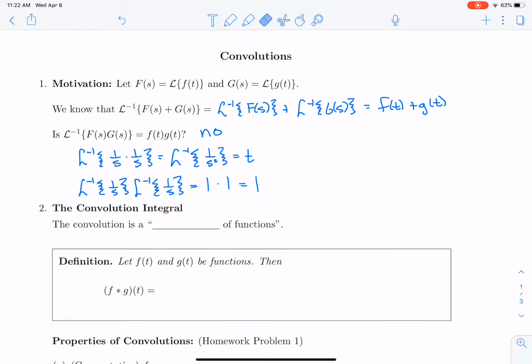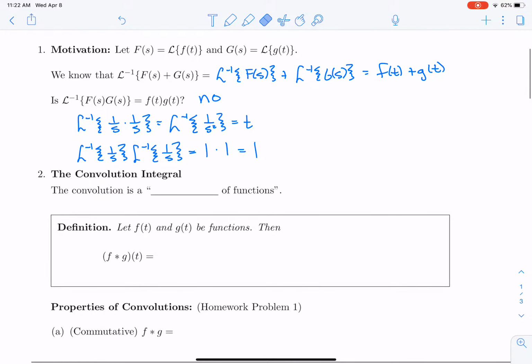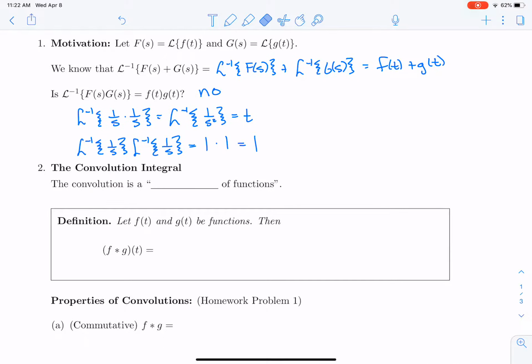But I wonder if there is a sort of product that does have this property. And so I'm going to introduce a new product called the convolution. The convolution is a product of functions.